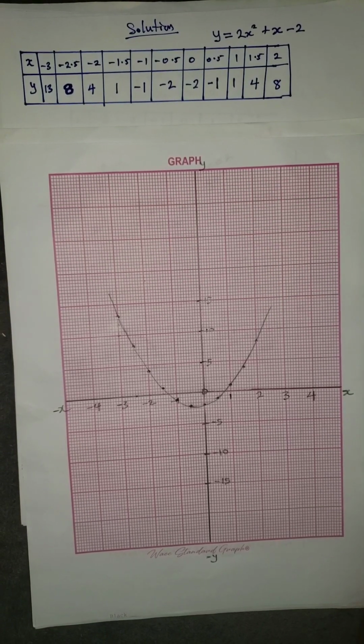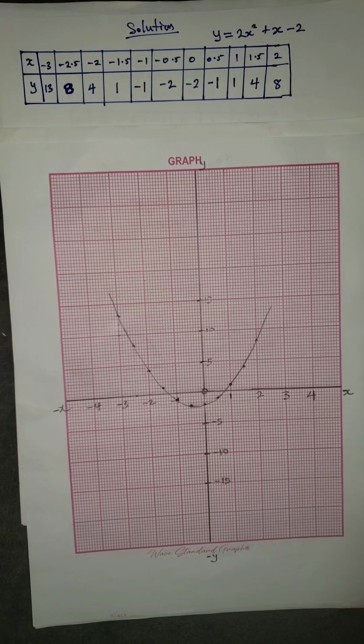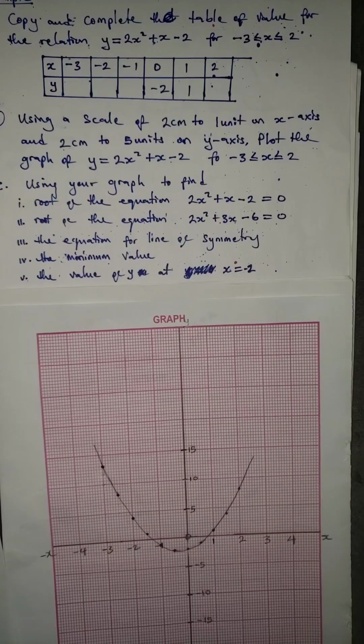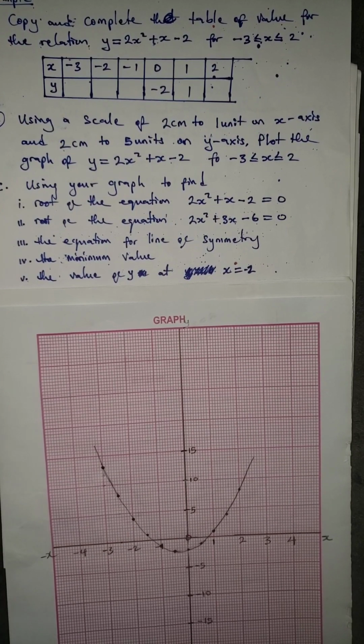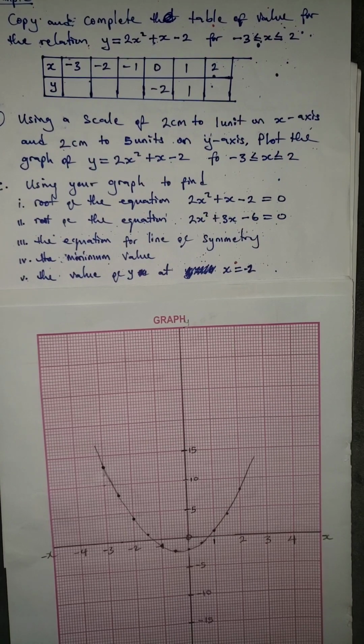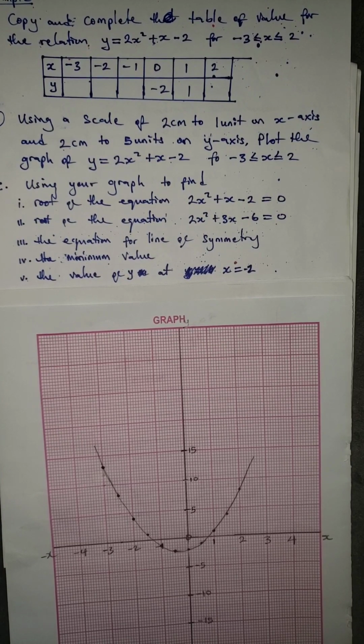The next thing now is to go back to our questions and answer the questions there. The first thing to do is to find the root of the equation. We know that the root of the equation is the value of x at y equal to 0, or the value of x where the curve cuts the x-axis.